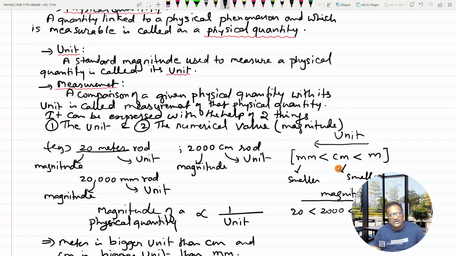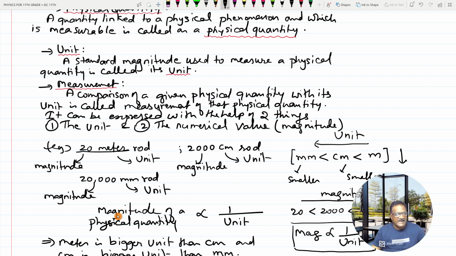So a general statement can be made that the unit and the magnitude are inversely proportional to each other, because as the unit is decreasing, the magnitude is increasing. Therefore, you can say that the magnitude is inversely proportional to the unit. This is a very important thing in physics that you should understand.